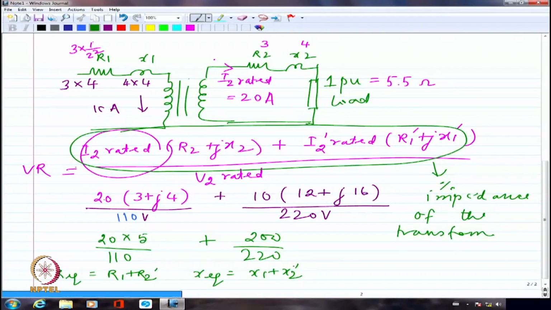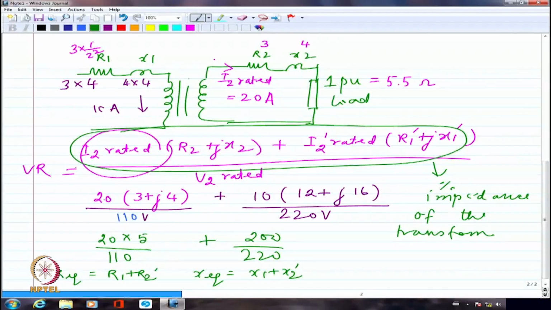You might have been given different values. Even if you are given different ohmic values, if you try to convert that into its own base, you will see that the percentage values are comparable. That is, one may have 3%, the other might be 3.25 or 3.5%. That's all I'm trying to say.